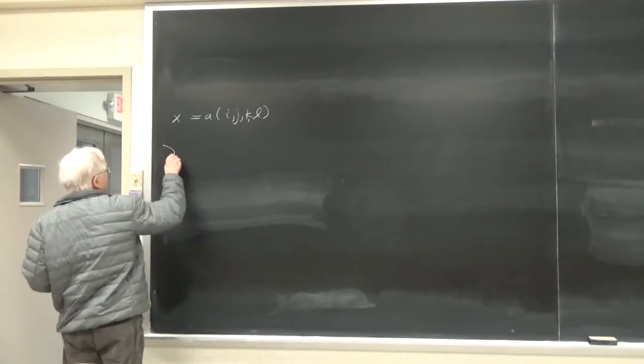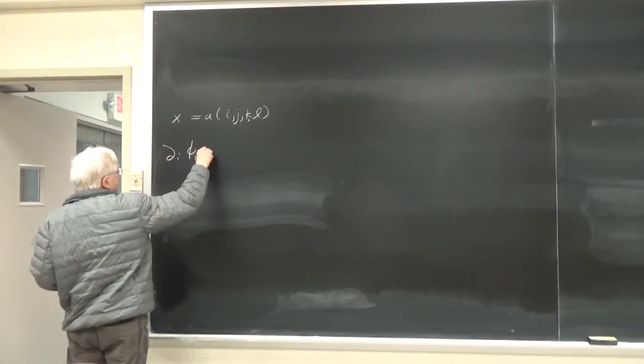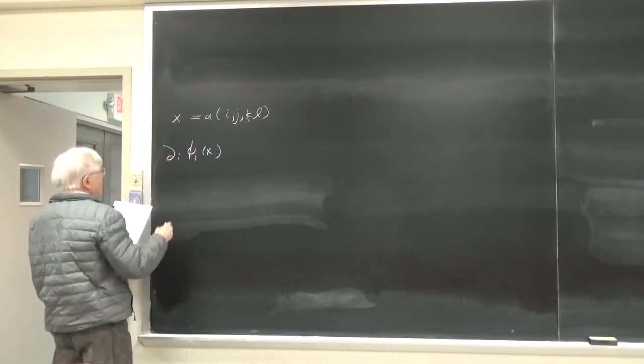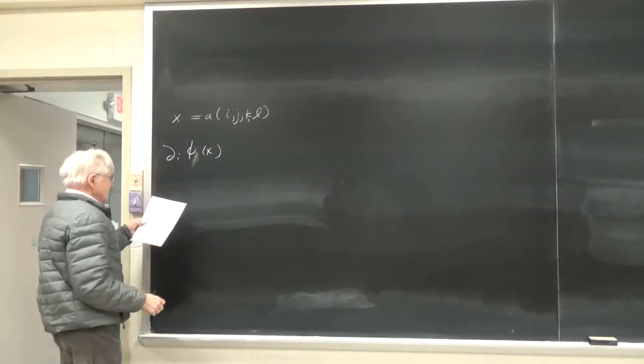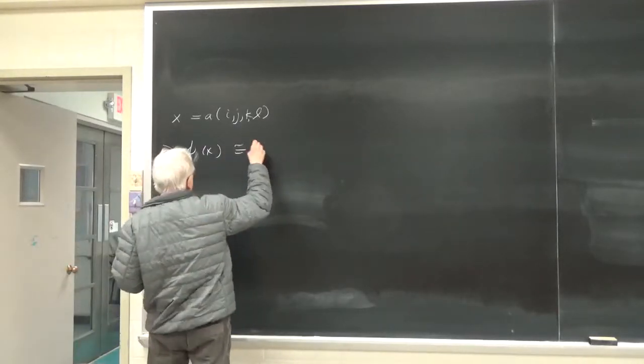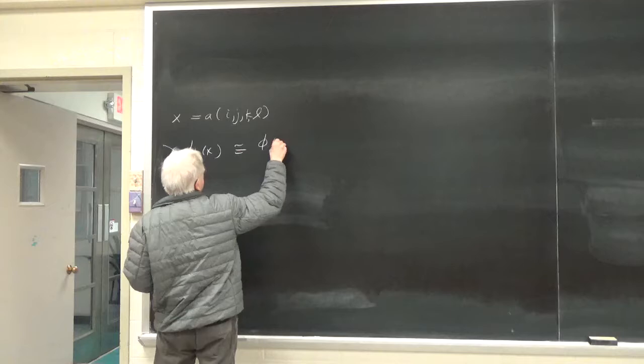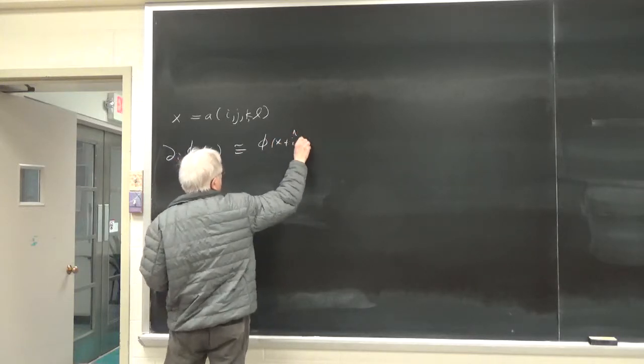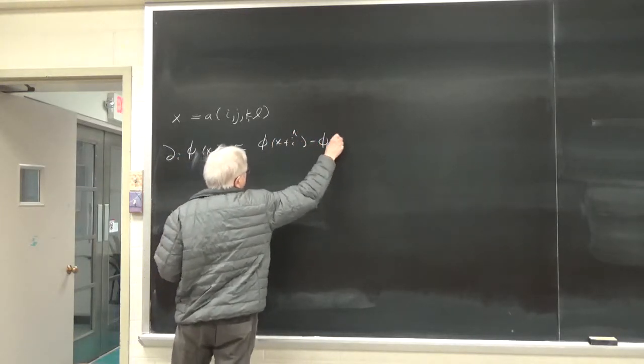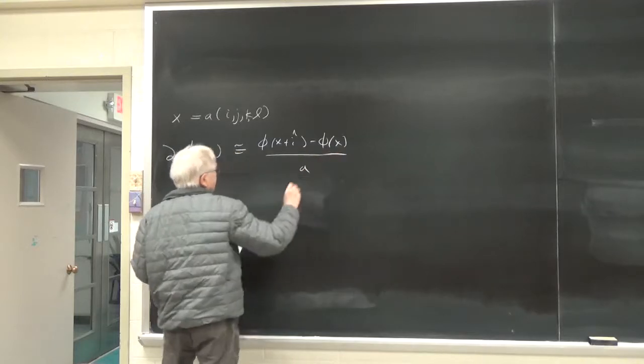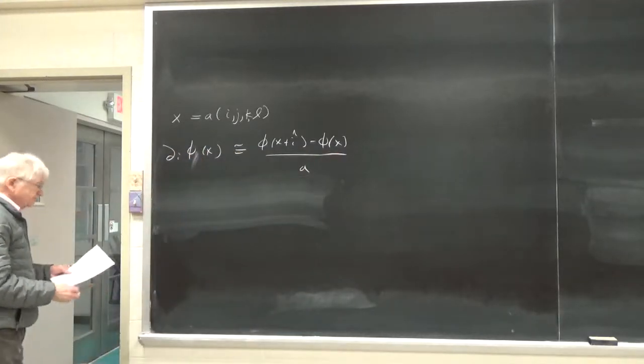The derivative of a scalar field is then approximated as phi of x plus i hat minus phi of x divided by the lattice spacing a.